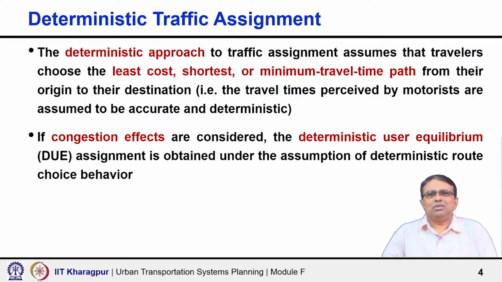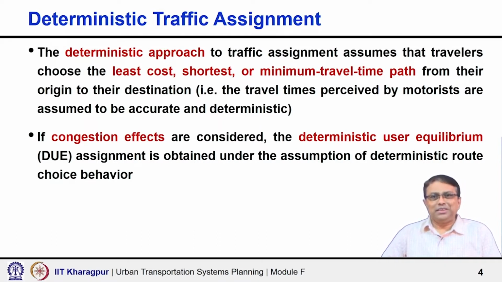If we are doing it based on travel time, that means everybody has an exact understanding of the travel time, they know exactly what the real travel time is, with no error, and nobody considers any other factor. That is why we can say that everybody is taking the least cost path, minimizing his or her own utility.